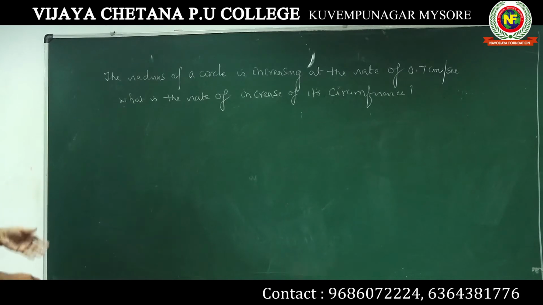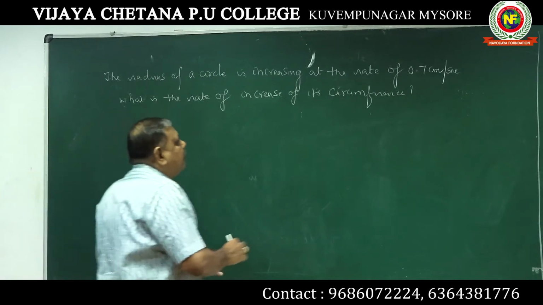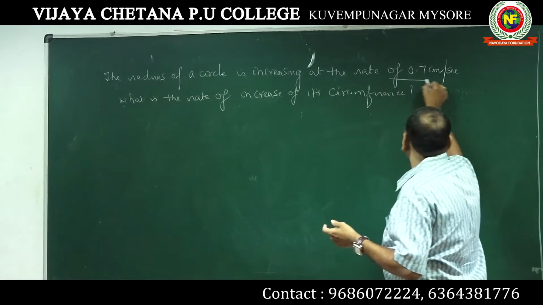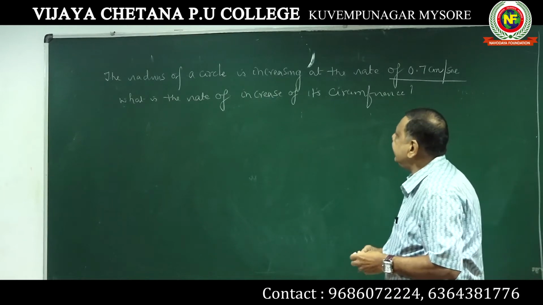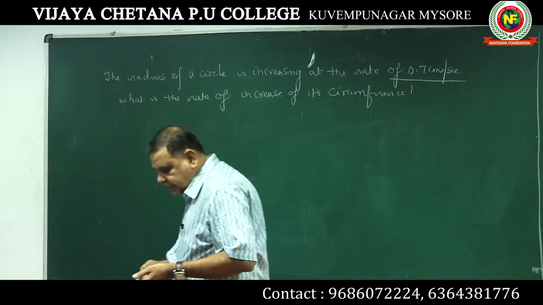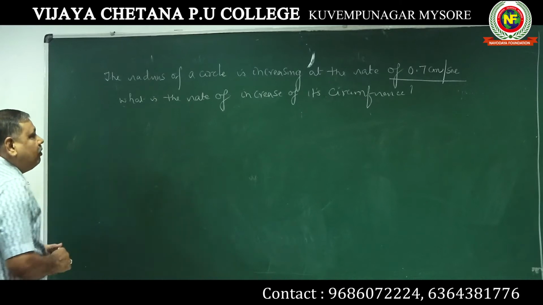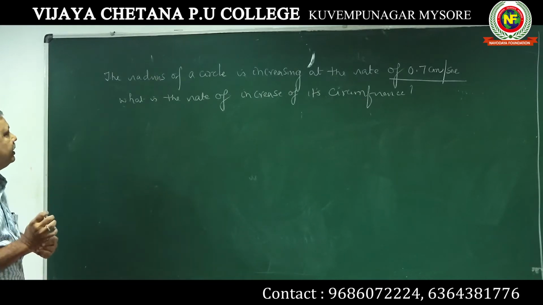The radius of a circle is increasing at the rate of 0.7 centimeter per second. What is the rate of increase of its circumference?